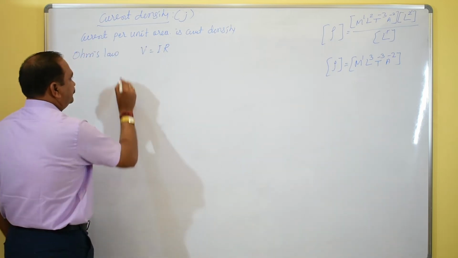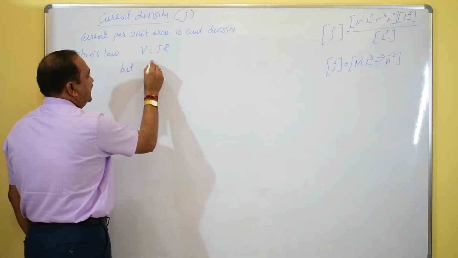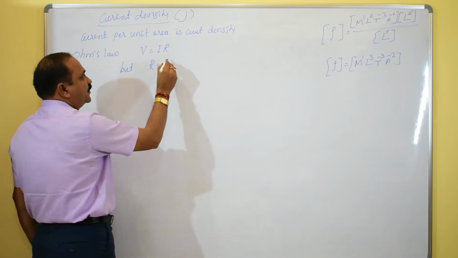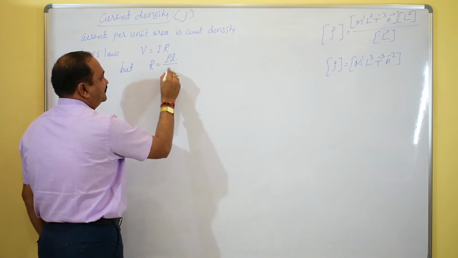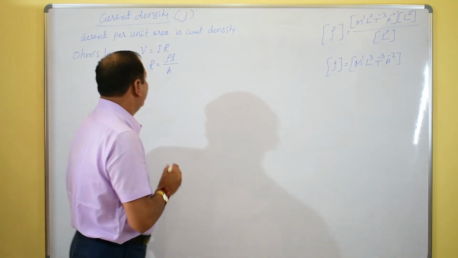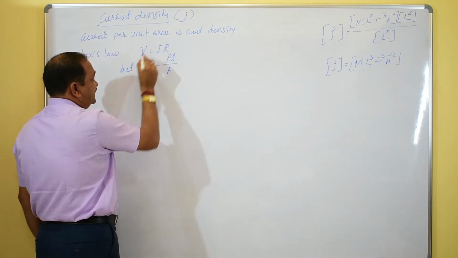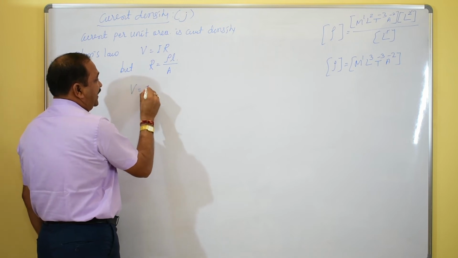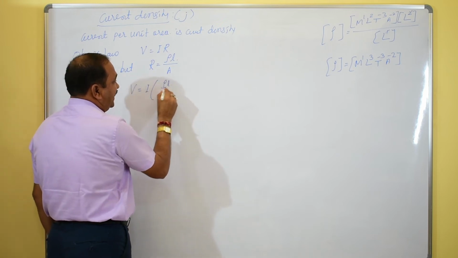But we have R equal to rho L by A. Then, this equation V equal to I into R, with R value rho L by A.